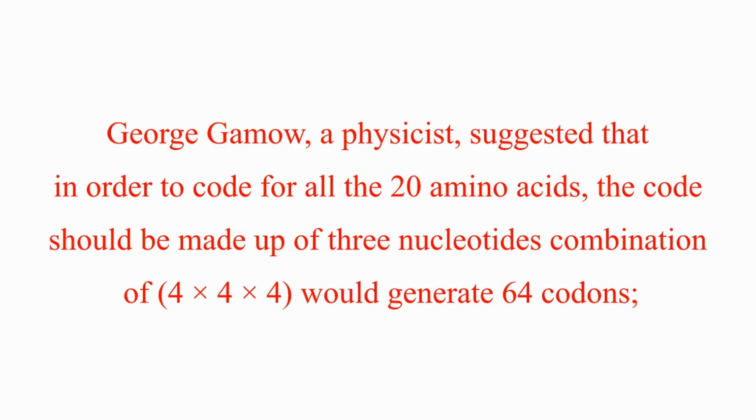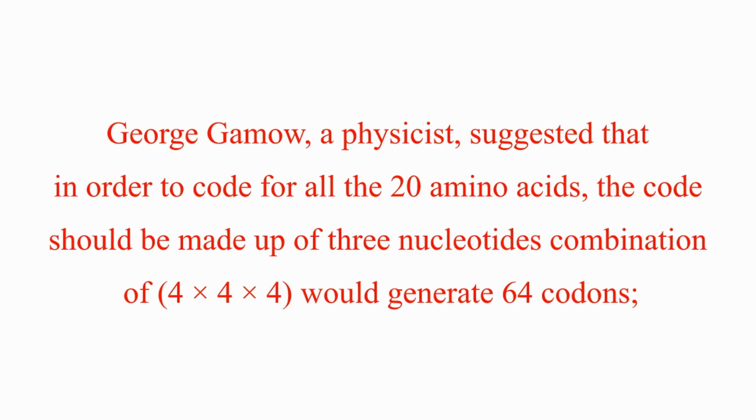Let's look at the basic unit of the genetic code, the codon. A codon is a triplet of nitrogenous bases. Each codon codes for one amino acid. Since there are 4 bases and codons are triplets, we get 4 multiplied by 4 multiplied by 4.